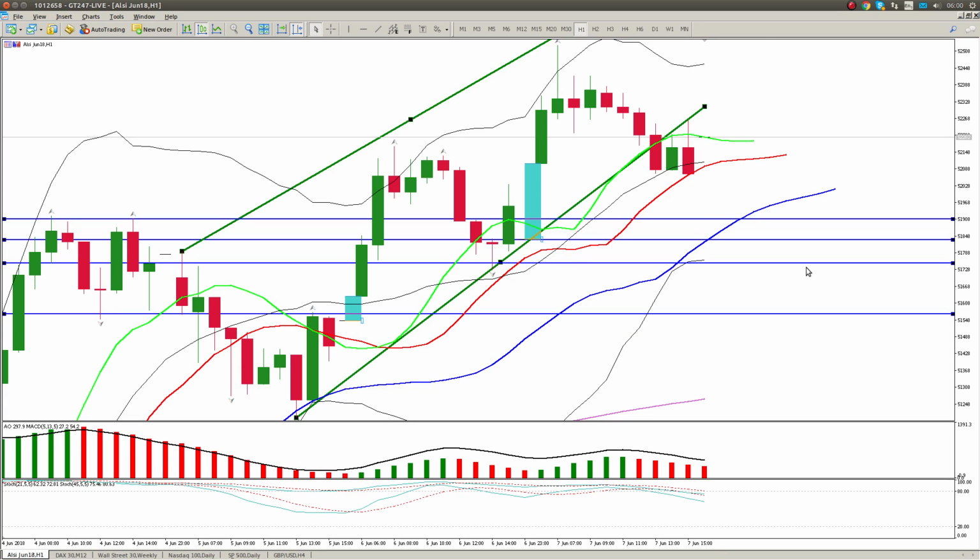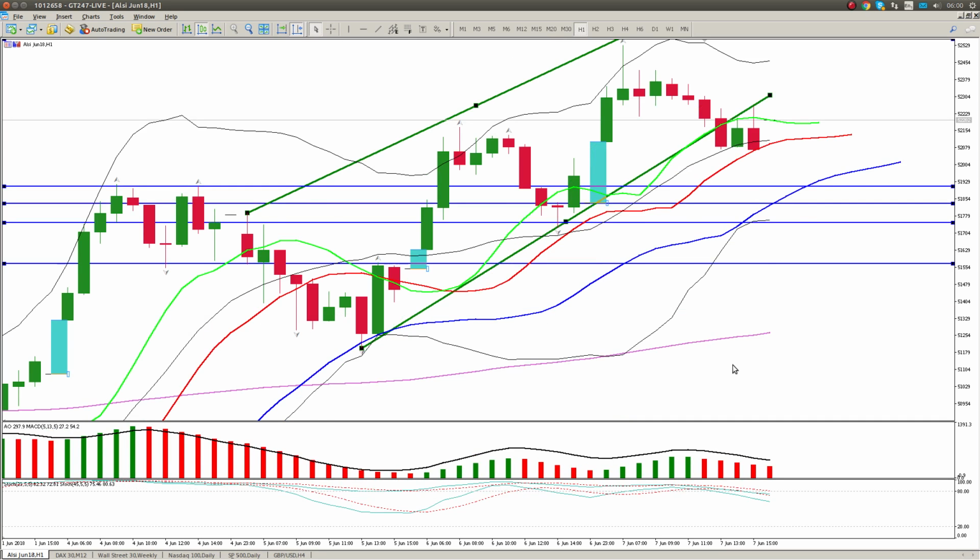The alligator needs to cross over, and this all needs to happen on the hour. So the chances of it happening today are there, it is possible, but I would put it at like a 50-50 chance, because it could just come down, find some support here, and then slowly meander to the top.